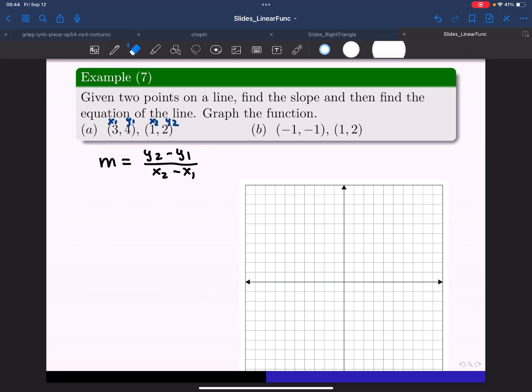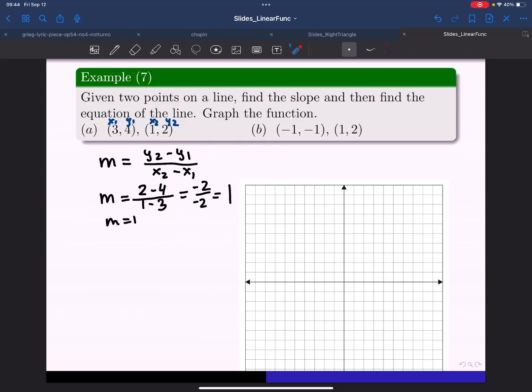So we substitute. M is equal to my y2 minus y1, so 2 minus 4, divided by, on the bottom, we subtract the x coordinates, 1 minus 3. 2 minus 4 is negative 2, 1 minus 3 is negative 2, negative 2 divided by negative 2 is 1. So my slope is 1.